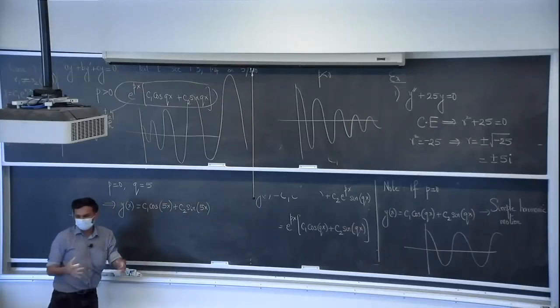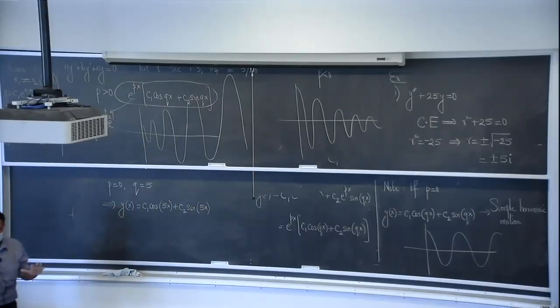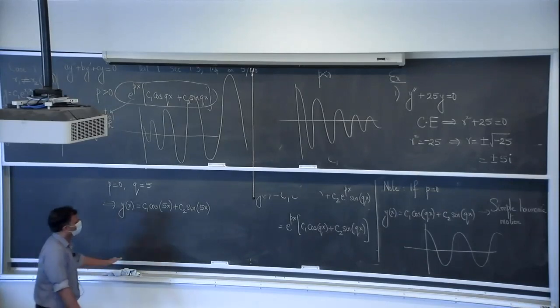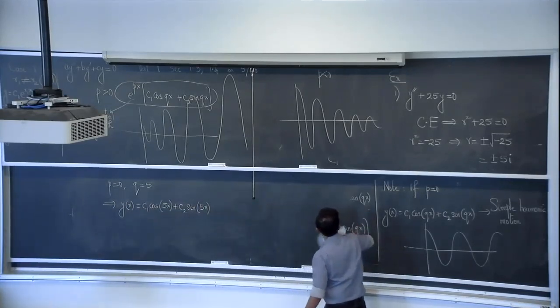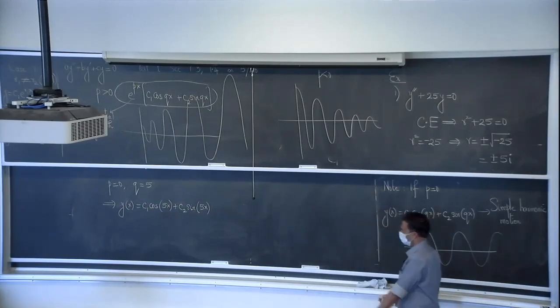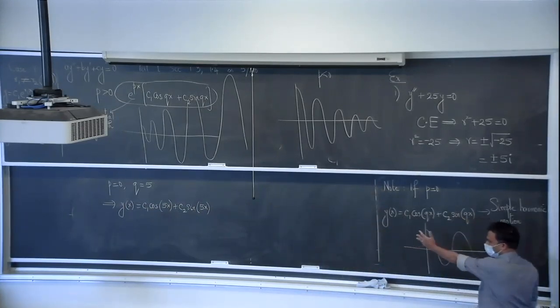We'll give a physical meaning to this maybe later today or tomorrow, what that 5 means and so on. Right now, that is what the general solution is. And I hope all of you observe there is no i in the answer.